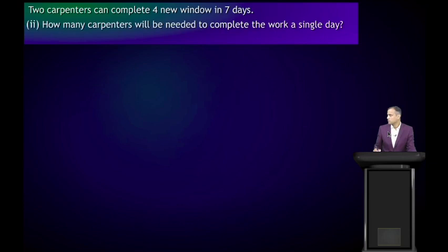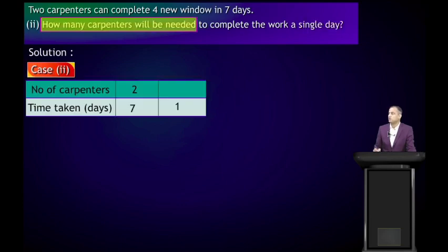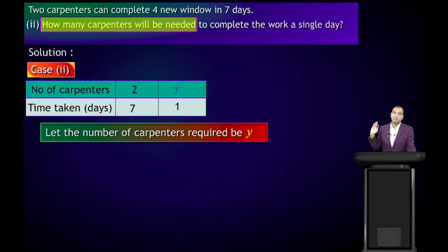Again, the next question is, how many carpenters will be needed to complete the work in a single day? So again, number of carpenters 2, time taken 7, but we have to complete it in 1 day. So number of carpenters is x, so we can take it as y.